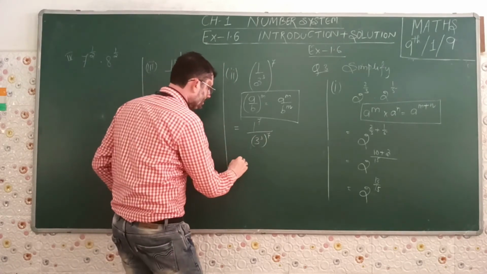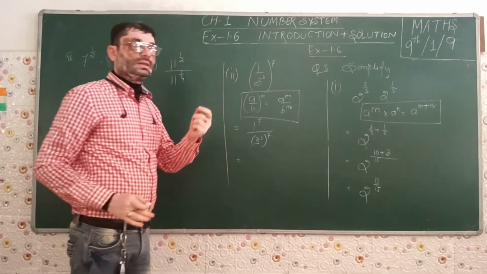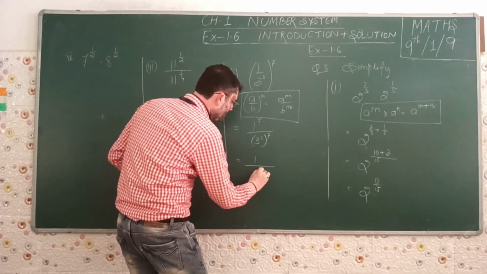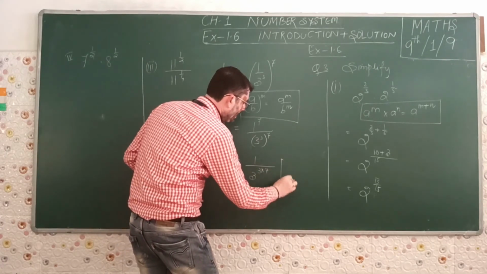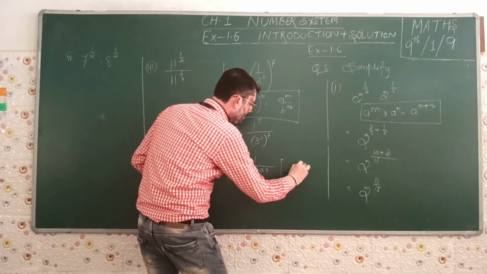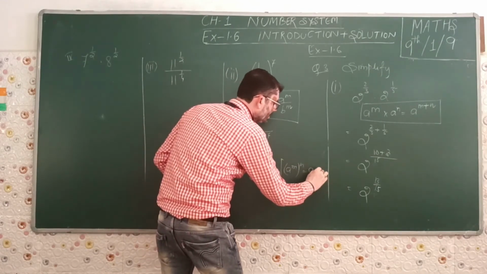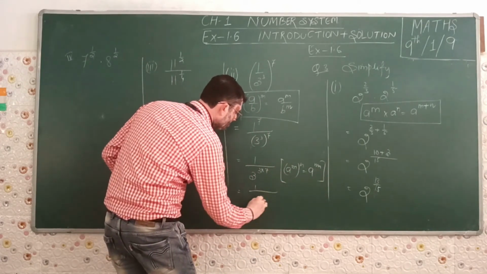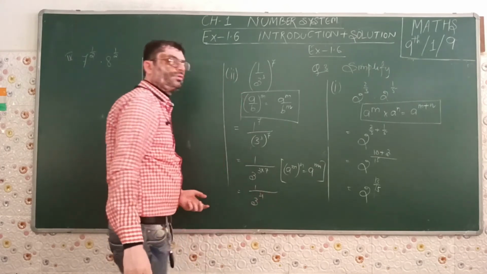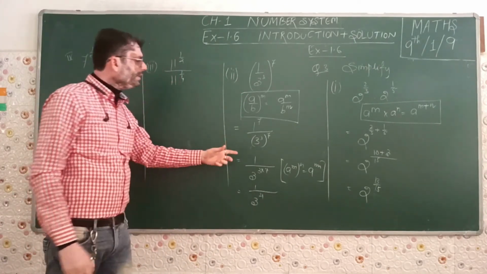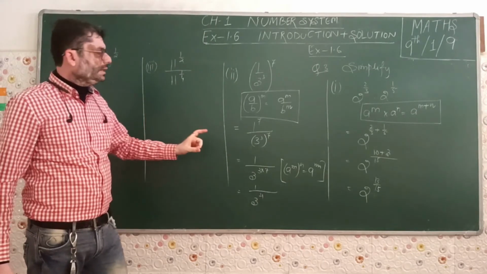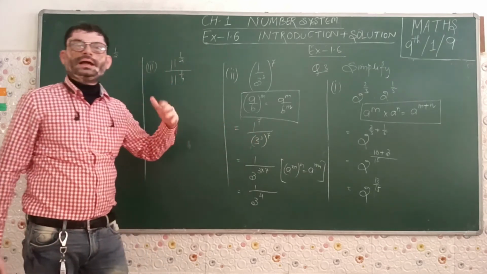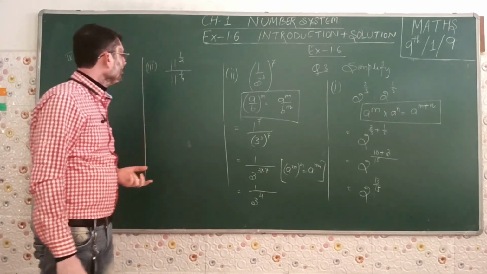Now this can be simplified: 1 to the power 7 is 1, and the denominator is 3 to the power 3 into 7, and the law we have used here is (a to the power m) to the power n is a to the power mn. So this can be simplified as 1 by 3 to the power 21. Every time, we are writing which law has been applied, for easy understanding.